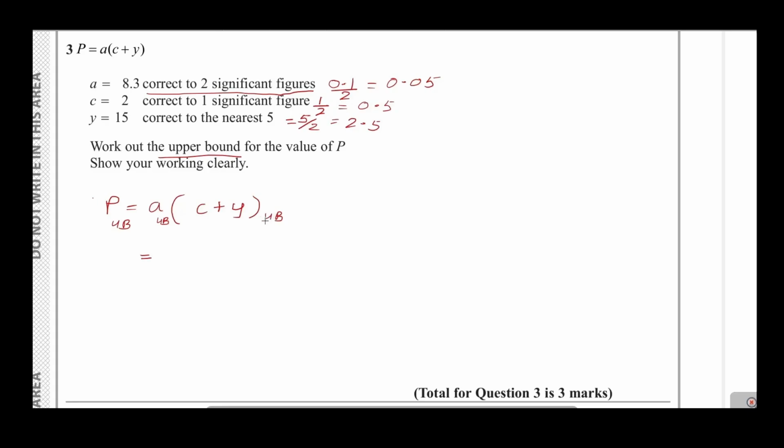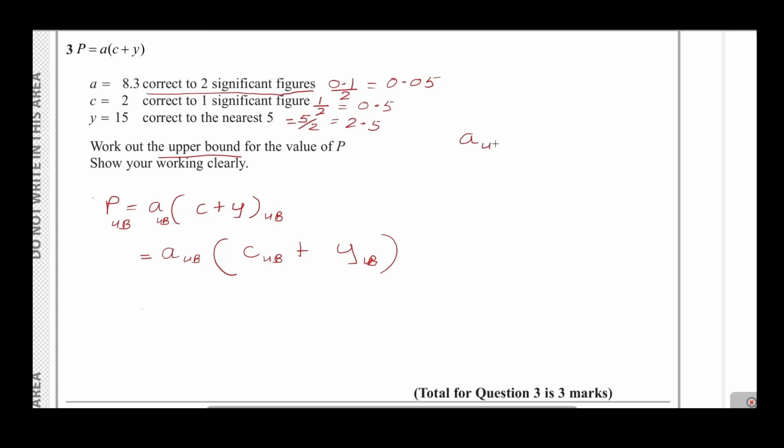We apply upper bound for c and upper bound for y separately. Let's write it this way: a times upper bound, open brackets, c upper bound plus y upper bound, close the bracket. Now let's get the upper bound. It's better to write it in the question. If you write everything separately, you get additional marks.